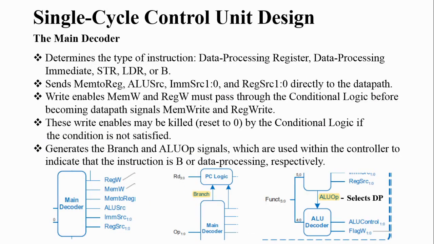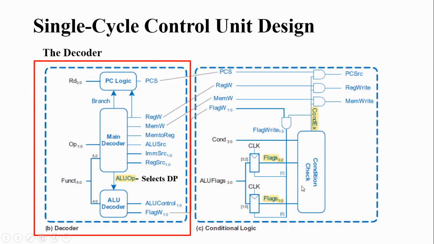So all these signals are generated by the main decoder. Then these write enables will be killed if the condition logic is false. Because if the condition function is giving the output false, these two inputs will be 0, so the AND gate output will be 0. So these two signals are controlled by the condition logic.